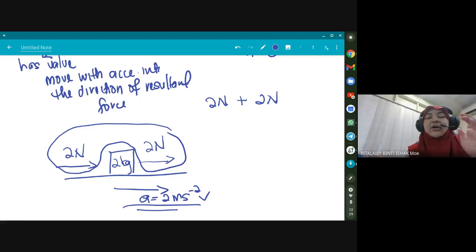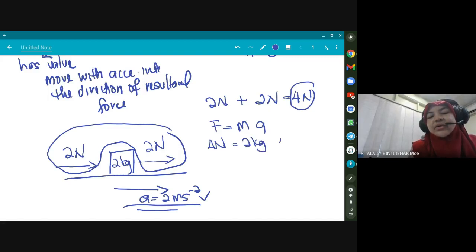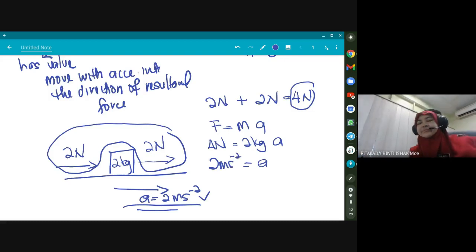Negative sign only when opposite direction. So we get 4 Newton. This is the resultant force, and according to Newton's second law, resultant force will cause a mass to accelerate. So the resultant force is 4 Newton and the mass is 2 kg, so the acceleration is 2 meter per second per second. Okay, very good.